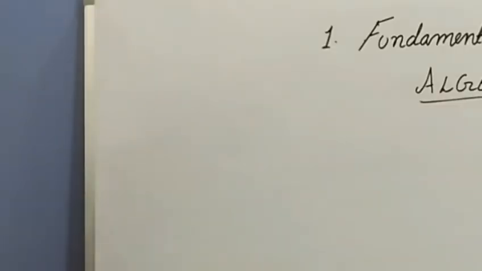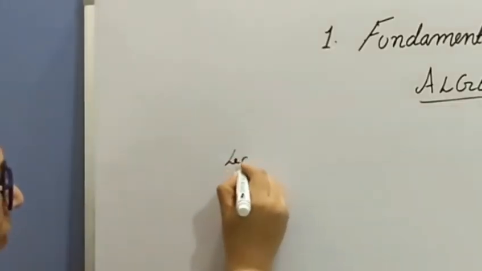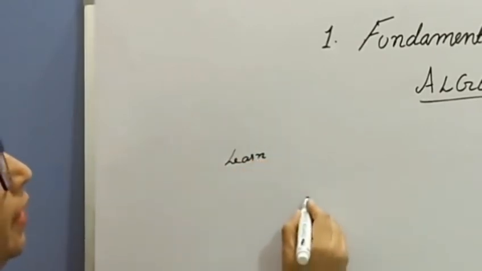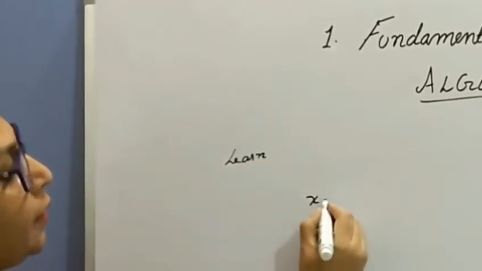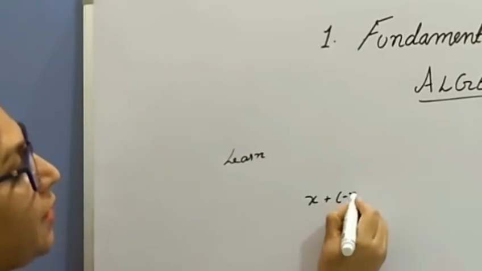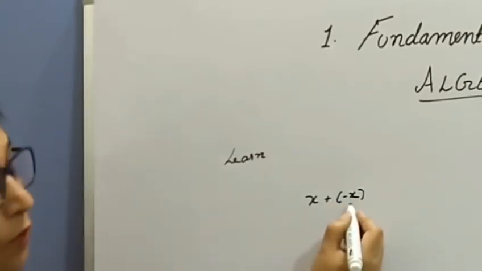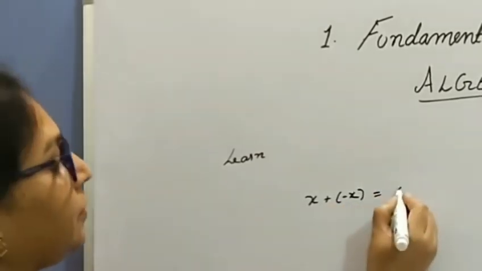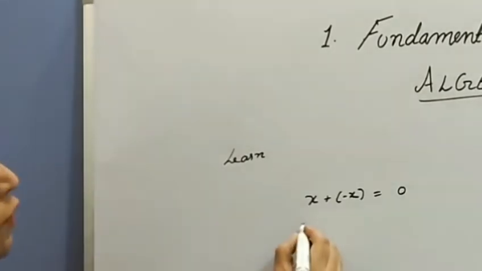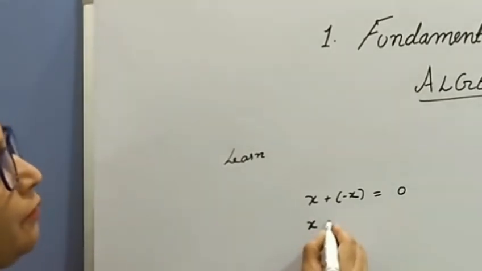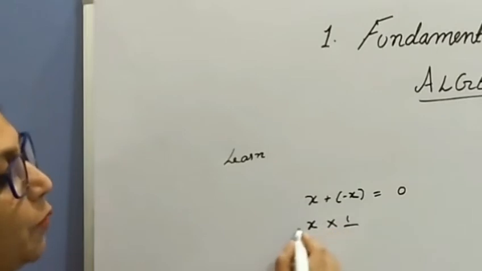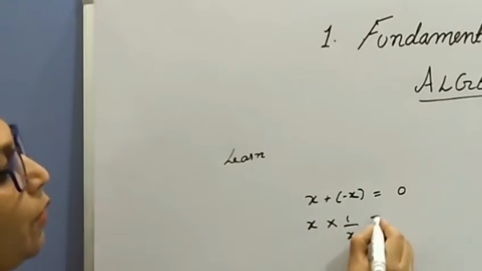Few important points to note or learn. First point, whenever you add two literals such that one is the additive inverse of it, the sum is always 0. Second point, whenever you multiply a literal with its reciprocal, x with 1 by x, the product is always 1.